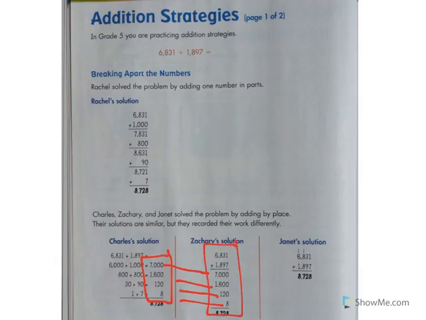And finally, we have Janet's solution. Similar sort of way here, the key difference is she's starting from the ones column instead of from the thousands column. That is a key difference. So in this case, she adds 1 plus 7, that equals 8.